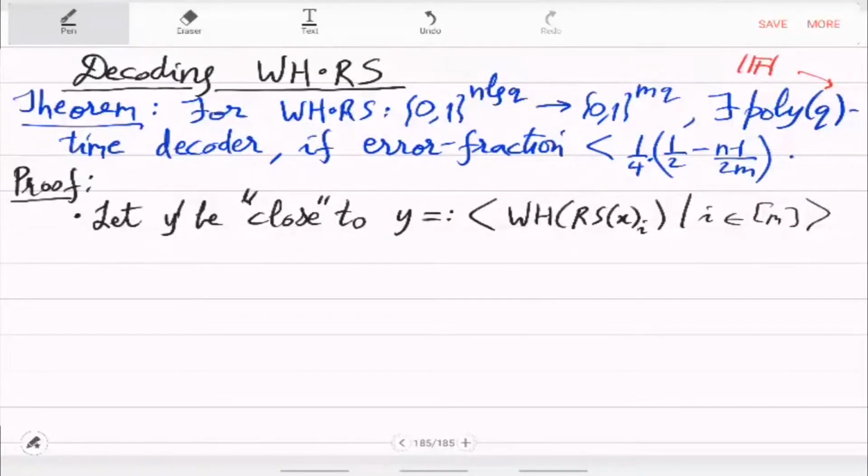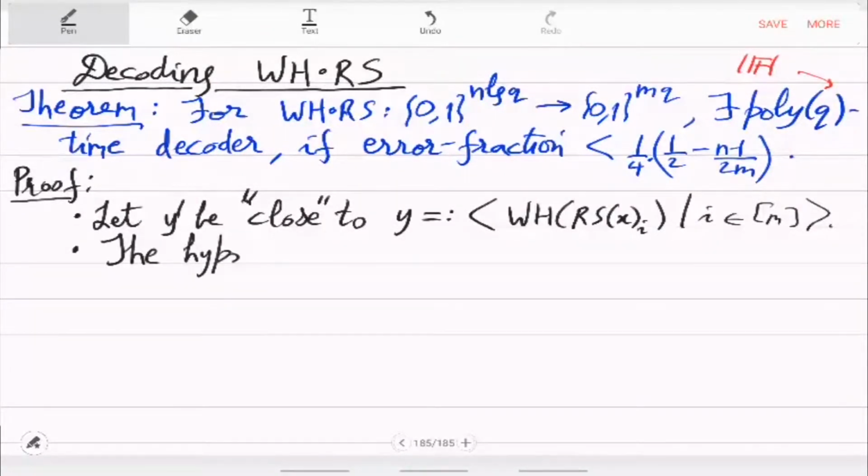And y prime's distance to y is, as given above, the error fraction. In that sense, it's close. So there is some corruption, let's say up to 5% corruption.